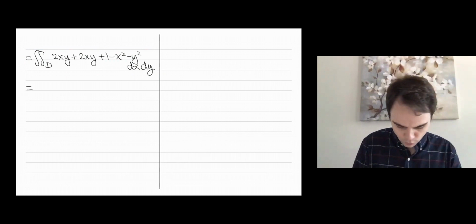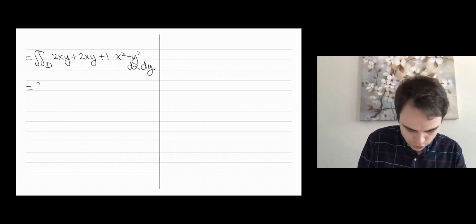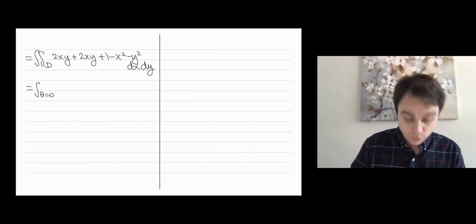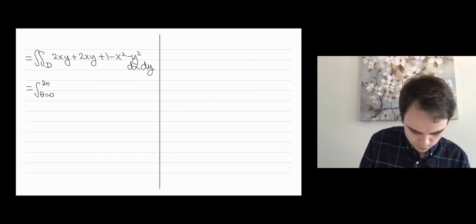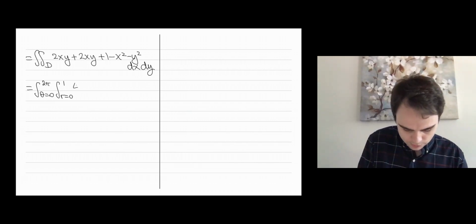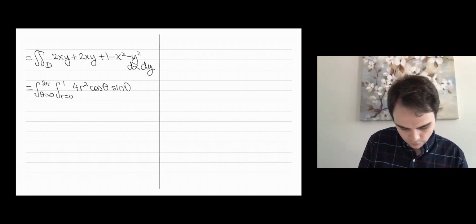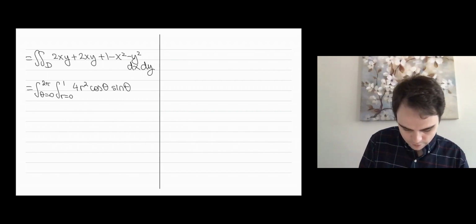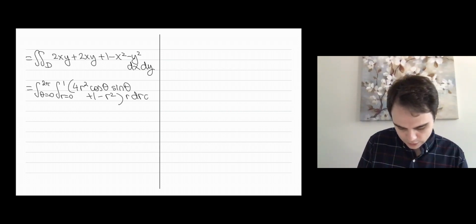To do this, we should change coordinates to polars. We're working over the disk of radius 1, so theta goes from 0 to 2 pi, r from 0 to 1. And then we have 4 times x times y, that's 4 r squared cosine theta sine theta, plus 1 minus r squared. And then dx dy is r dr d theta.